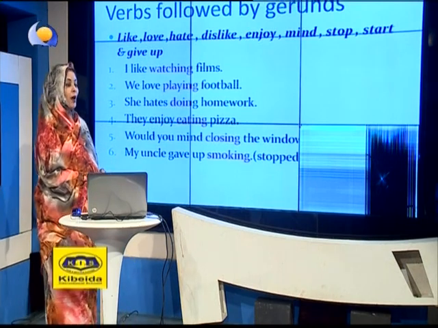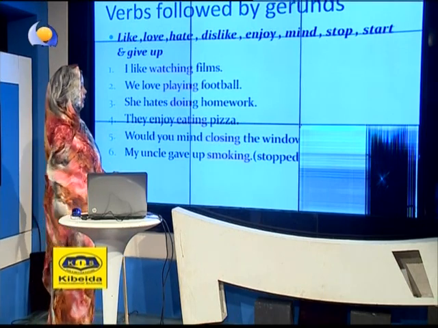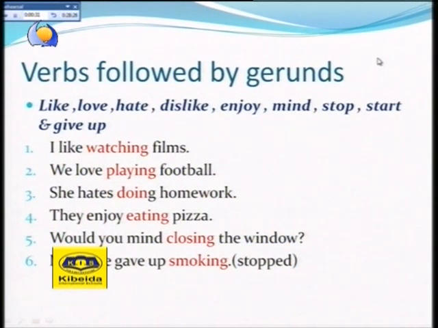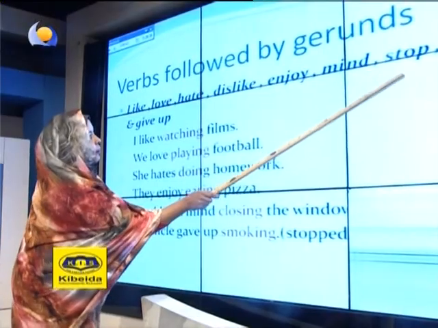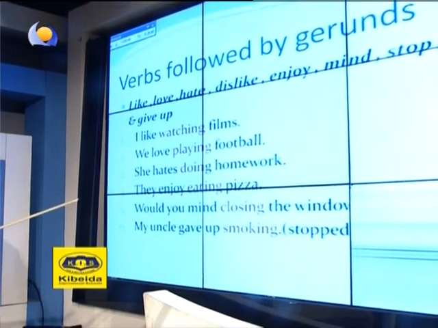They are formed by INGs. Now, there are some verbs in English that are usually followed by ING or by gerunds, like the verb like, love, hate, dislike, enjoy, mind, okay, stop, start, and give up. To give up means to stop.